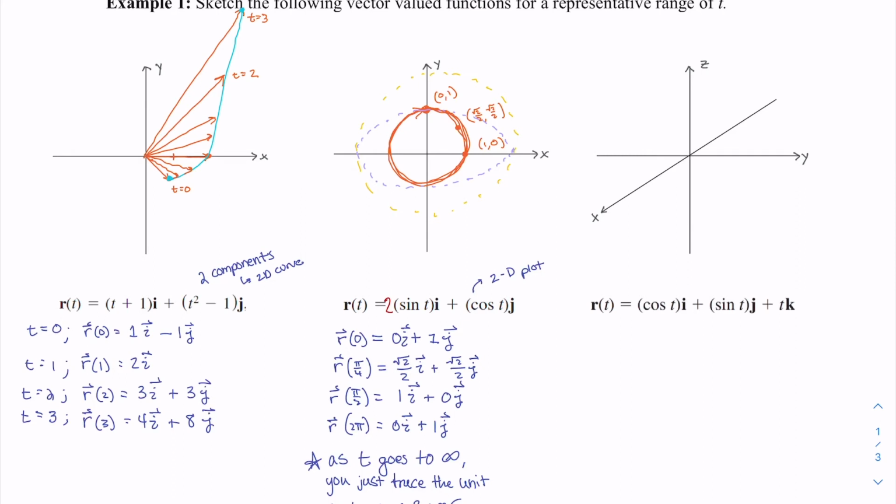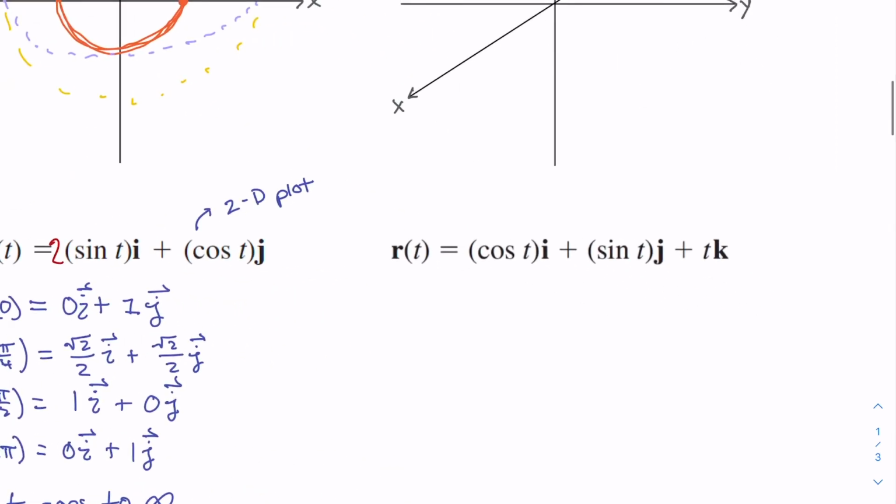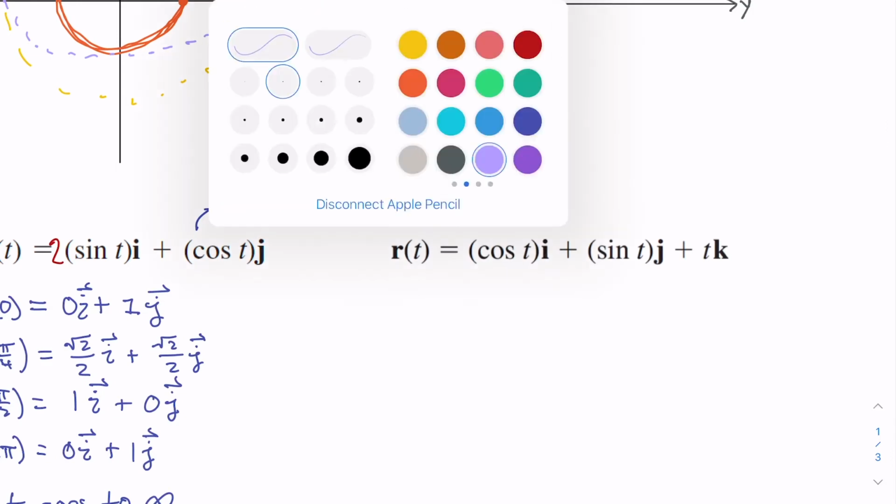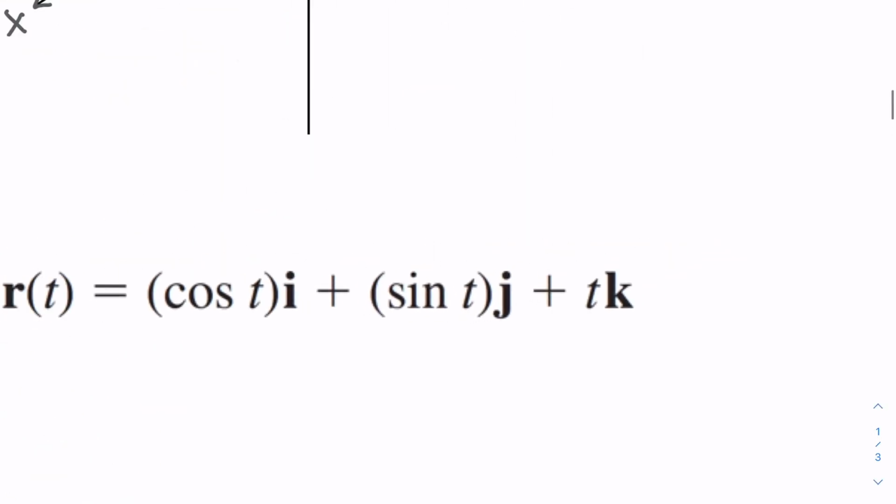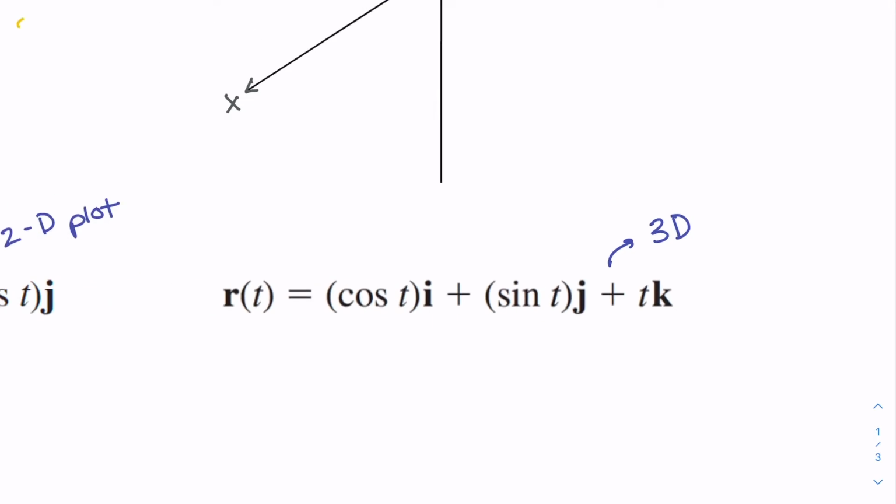And now, this last one is a really important one to recognize and understand because it shows up everywhere in vector calculus. So this one is r of t equals cosine t i plus sine t j plus t k. So this one has 3 components. So we know it's going to be a 3-dimensional curve.